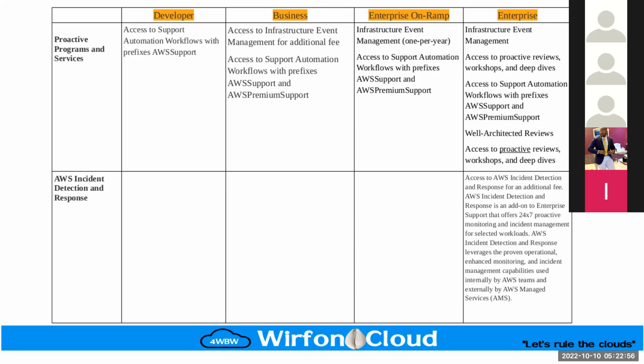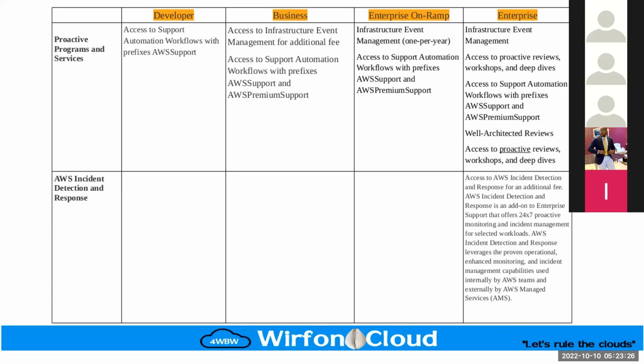AWS Incident Detection and Response is an add-on to enterprise support that offers 24/7 proactive monitoring and incident management for selected workloads. It leverages the proven operational, enhanced monitoring, and incident management capabilities used internally by AWS teams and externally by AWS Managed Services.